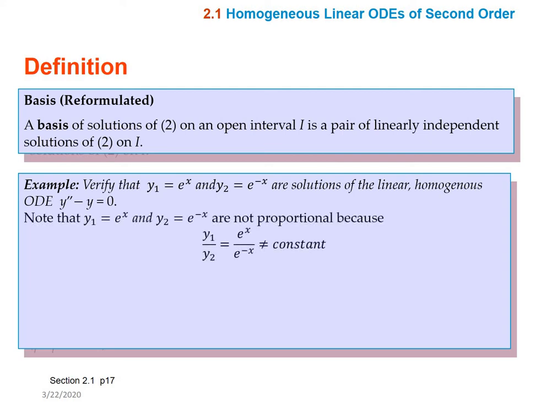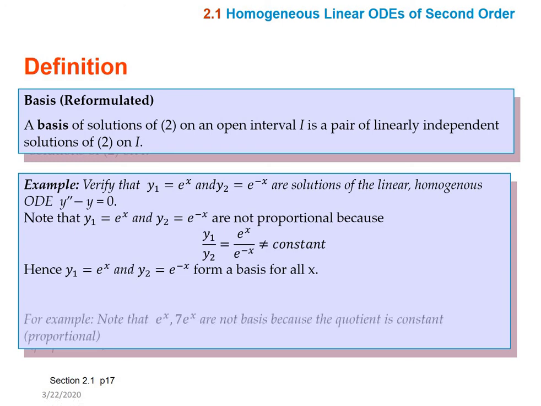Basically, take the quotient y1 over y2, or y2 over y1. In either case, you'll find that y1 over y2 is not constant, because the quotient is a function of x, which means y1 and y2 are not proportional. It means they are linearly independent, so they form a basis. So y1 equals e to the x and y2 equals e to the negative x form a basis.